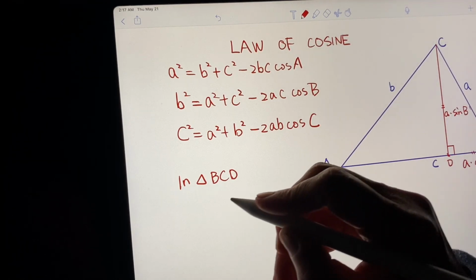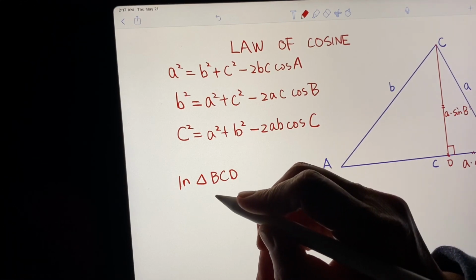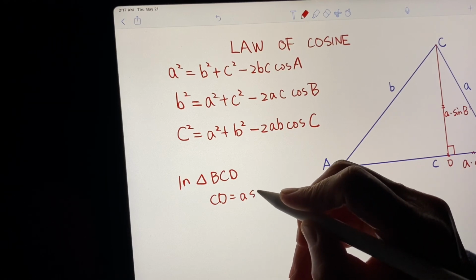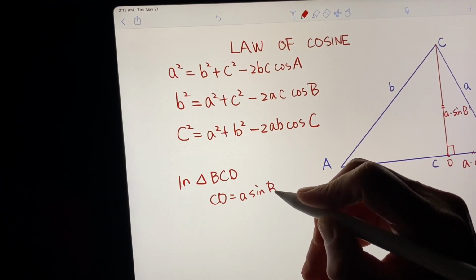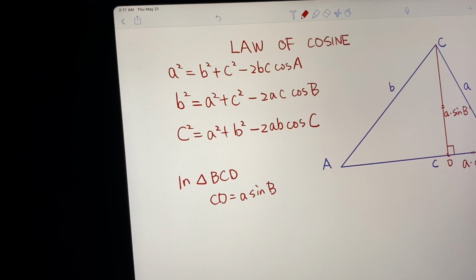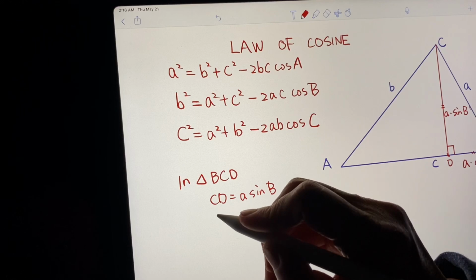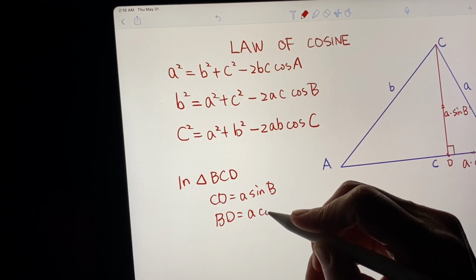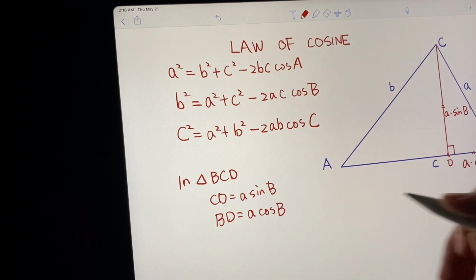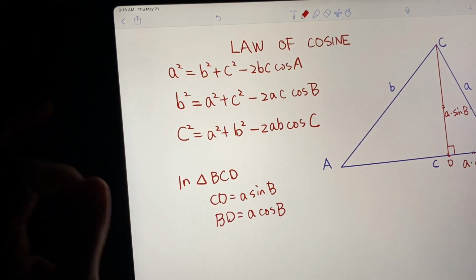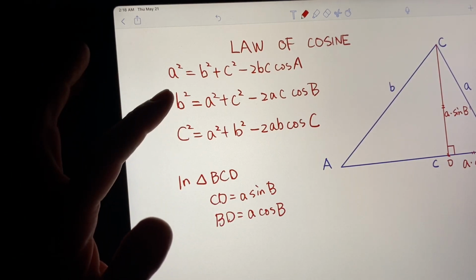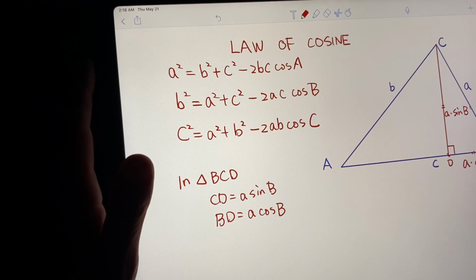The height CD equals a sine B, and BD equals a cosine B. They both use the same hypotenuse, and it will be much easier to solve this problem.